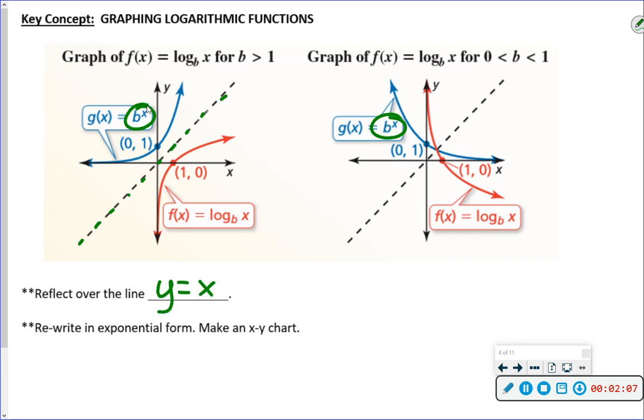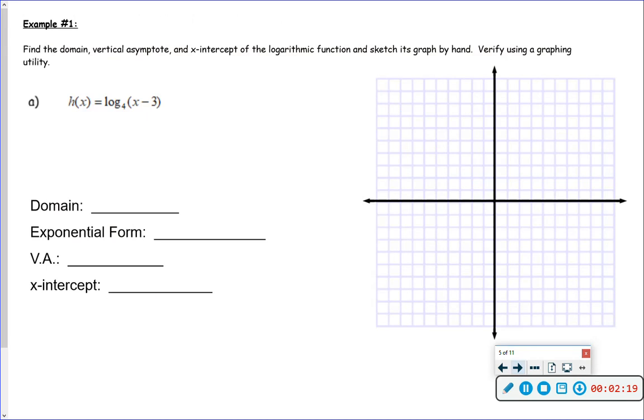Because I can't do a log in my head, I can't do log base 5 or whatever in my head, but I can do exponents in my head, so I'm going to put them in exponential form and make a T-chart. Yes, I know your calculator can do logs in other bases. I will show you in your calculator, but for a quiz or test, it's going to require exponential form, just like it says on here.